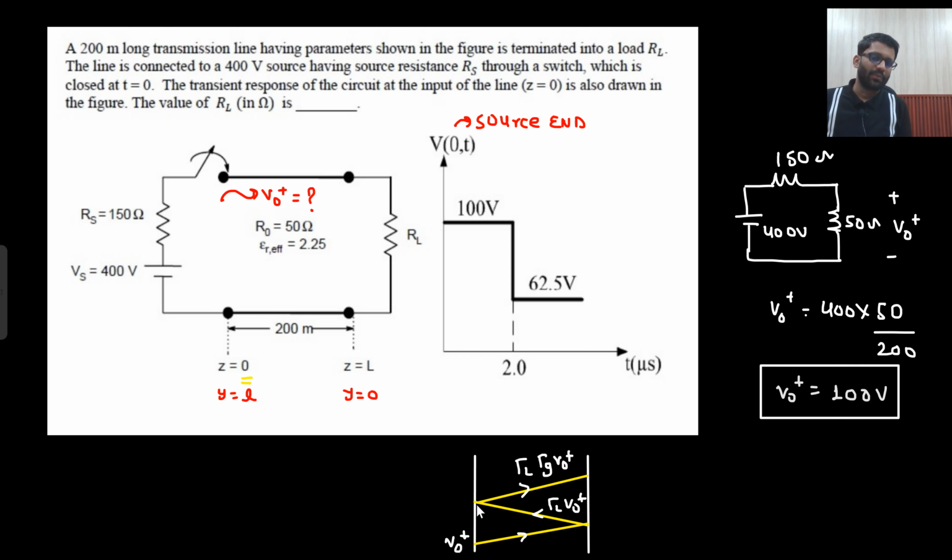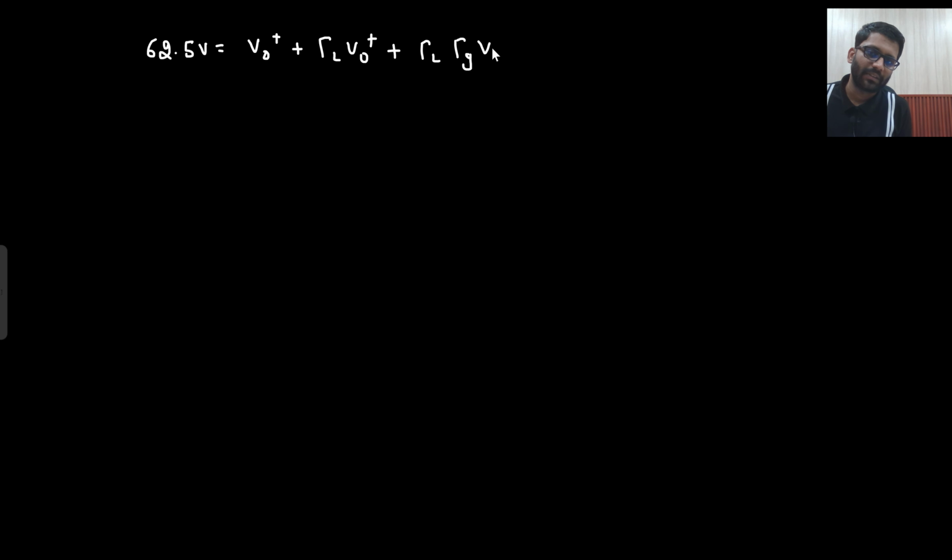Right? So this 62.5 volt is equal to initially V naught plus, then from load gamma L V naught plus, and then from source gamma L gamma G V naught plus. So this is your 62.5 volt. Okay.